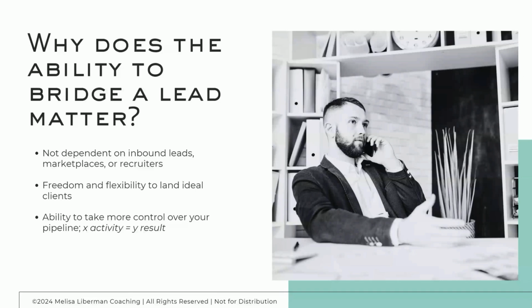When you have that kind of formulaic visibility and predictability of your business, you have so much more control. You have so much more peace of mind when you know that that's, generally speaking, what your own business development formula is. So that's why it's really important to build this skill set for you to bridge a contact into a lead and to have that tool in your tool belt as a business owner.